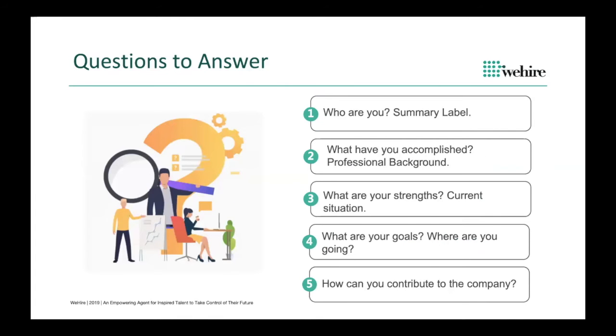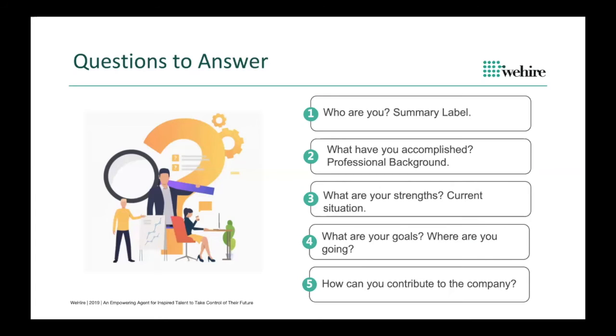Questions to answer. So writing your elevator pitch, it's important to reflect on these questions to make sure you are not forgetting any part of your introductory elevator pitch. So the first one would be answering, who are you? Summarize yourself in the categories below. What have you accomplished?